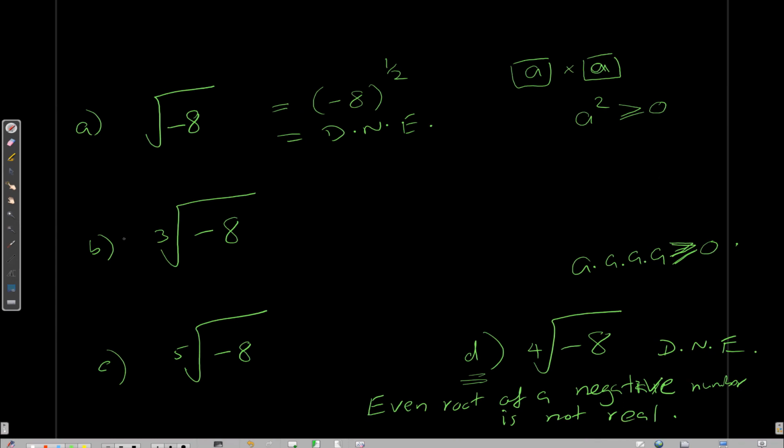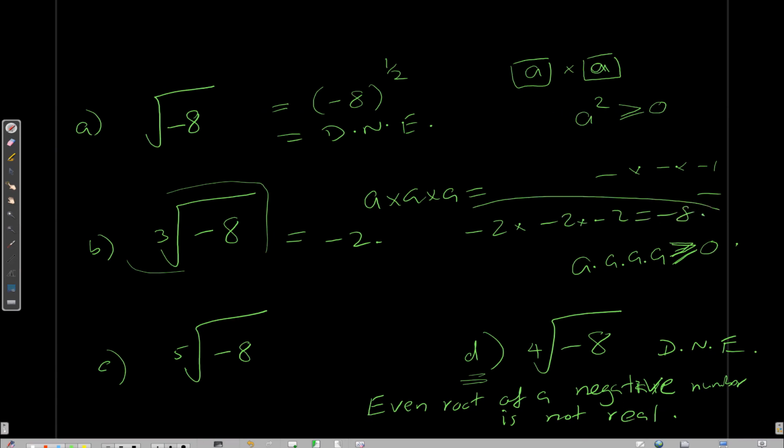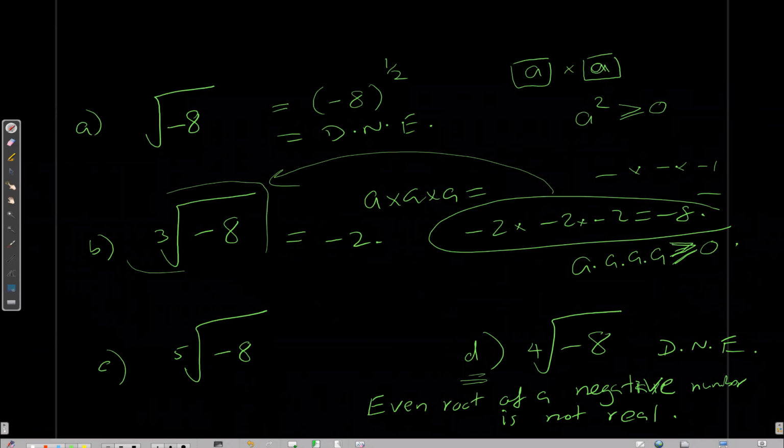Now let's talk about these two. How about an odd root? When you multiply a, can I get negative? Well, yes. Why? Because negative times negative times negative is always negative. So in this case, the answer is negative 2. Negative 2 times negative 2 times negative 2 is negative 8, right? These and these are the same. Now, this one, when you multiply a certain number, yes, this exists, but you need a calculator to find it.